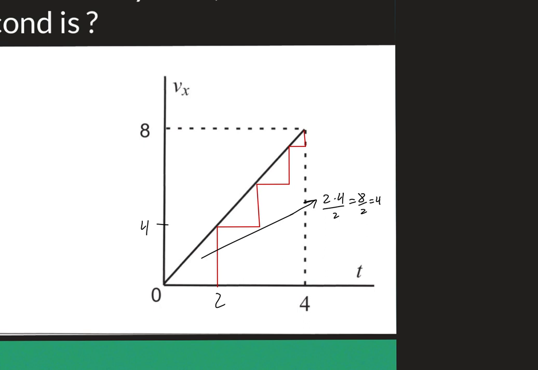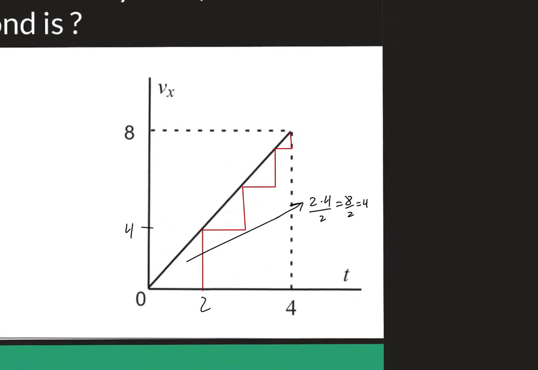Okay, so we should find an intermediate value, which is 4. We already have 8. We should find an intermediate value of 4 and intermediate value of 2. So we could visually see how this line increases, the slope increases, because it's a positive slope. Okay, so we have the t value and the v value.